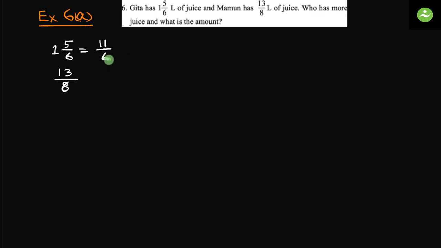Now we have to say which is larger or which is bigger, and it is not possible to say which is bigger unless we have the denominators common or same. So first thing, we have to have a common denominator.